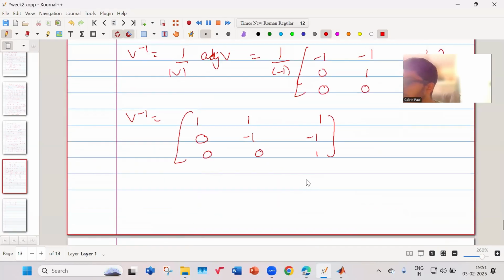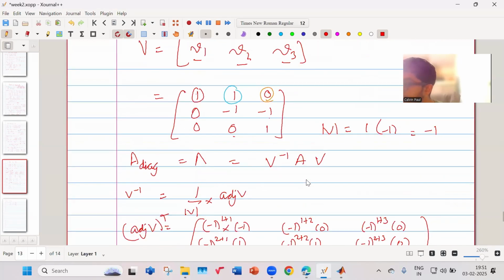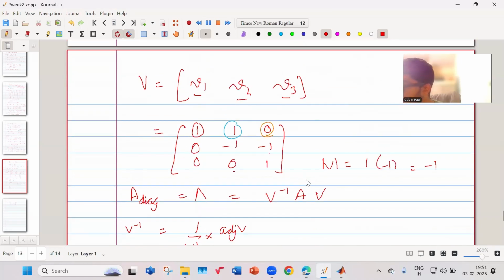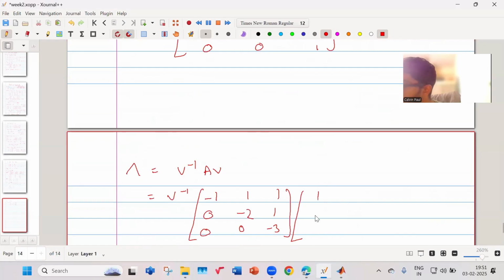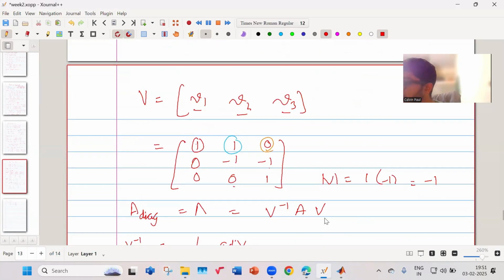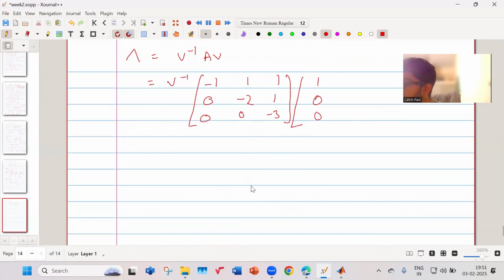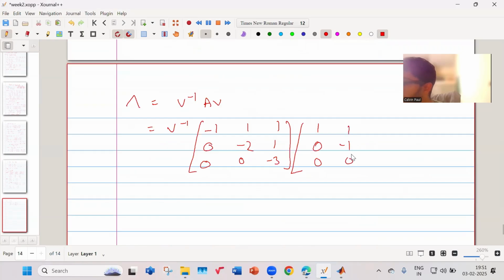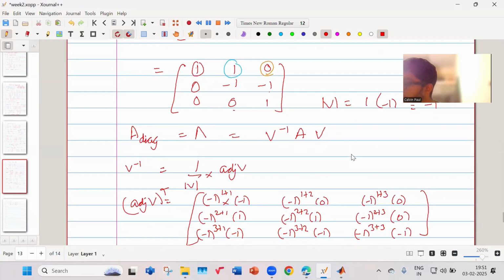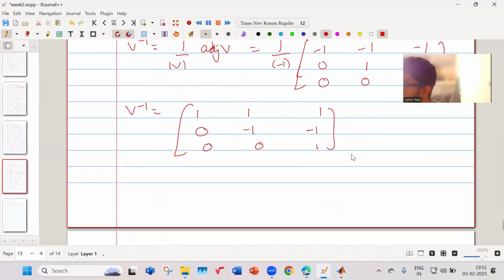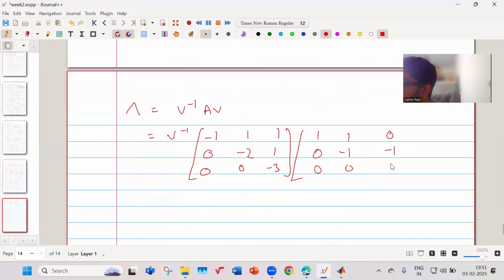And what is V we got over here? It is 1, 0, 0, 1, minus 1, 0, 1, minus 1, 0, and 0, minus 1, 1. Right? So this is V inverse.